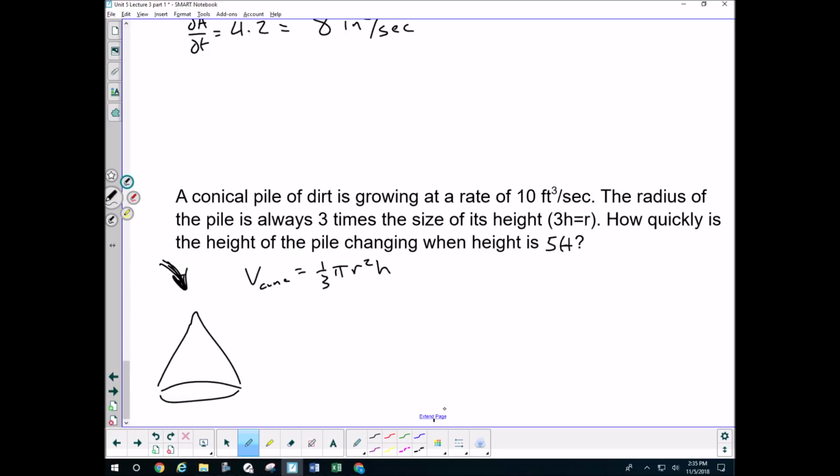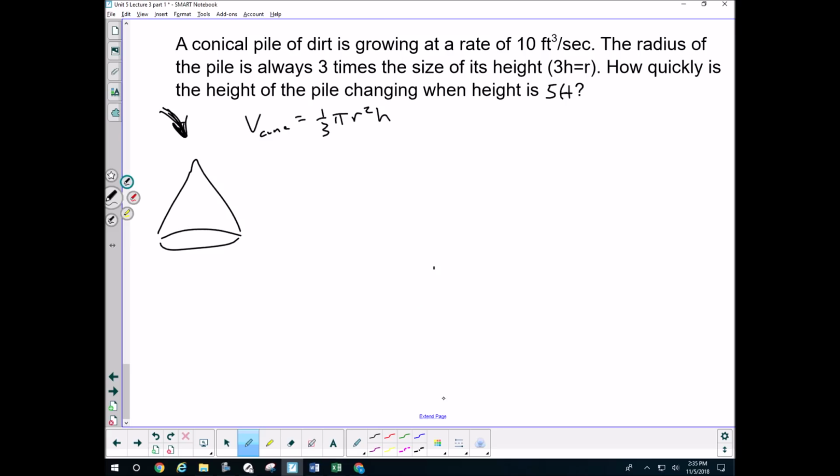Now let's write down the other information given to us. It's growing at a rate of 10 cubic feet per second. That's dV/dt. We get 3h is r. How quickly is the height of the pile changing?